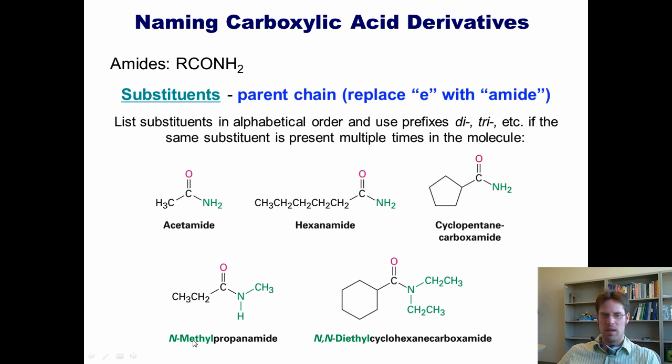So it's N-methylpropanamide. This is another example like that. We consider the cyclohexane to be one group, this carboxy group to be in the middle, and the amide has 2 ethyls coming off of it. We therefore would name it N,N-diethylcyclohexanecarboxamide.